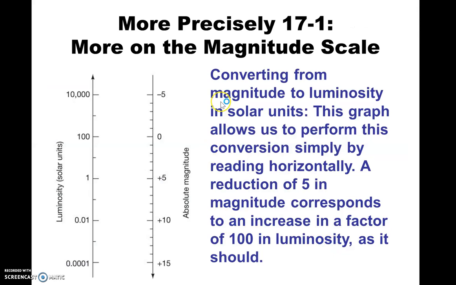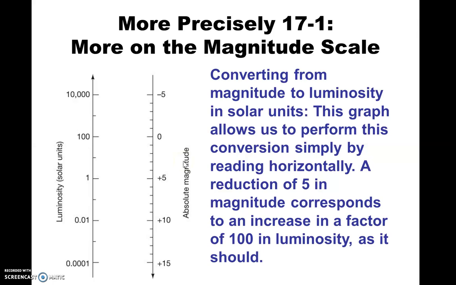All right, so this is just converting from the magnitude to luminosity, and as it shows right here, if you go five steps in a change in magnitude, like, for example, this one would be 1 solar luminosity, and this is what we call the absolute magnitude scale.